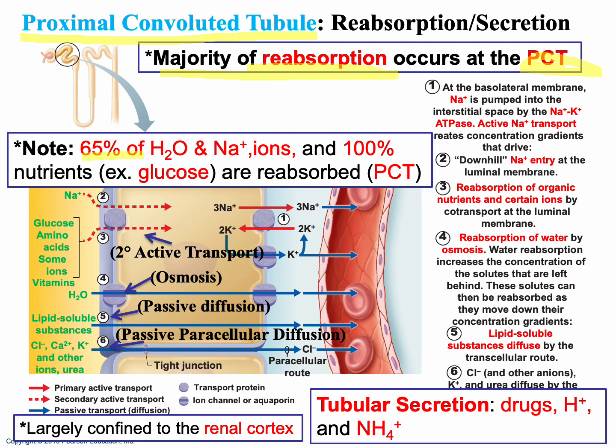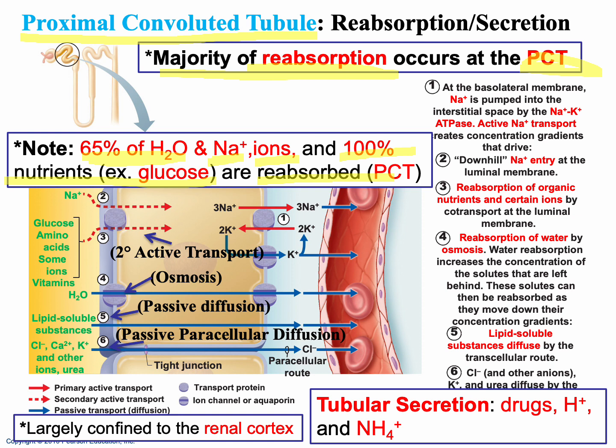That would be some water, so 65% of water is going to be reabsorbed here. You're going to have sodium reabsorbed here, ions, and even 100% of your nutrients like glucose and amino acids and lipids, vitamins, all reabsorbed here at the proximal convoluted tubule.